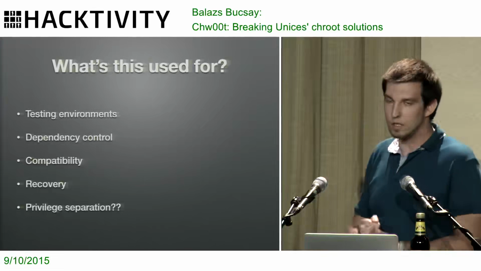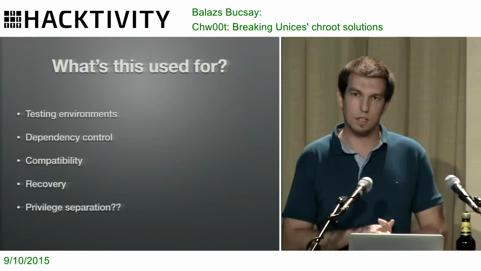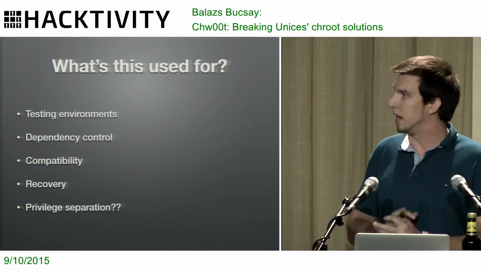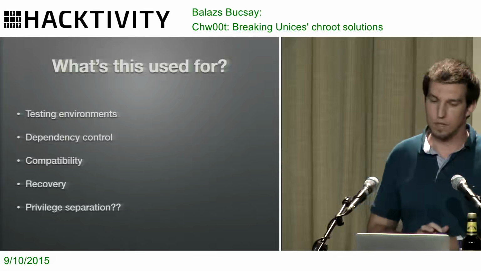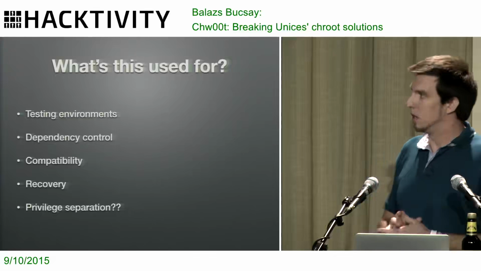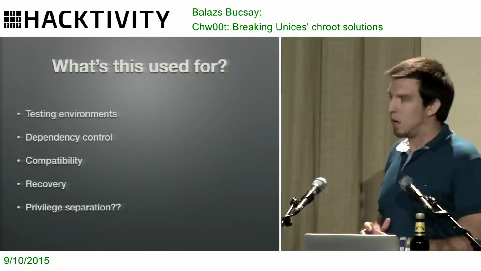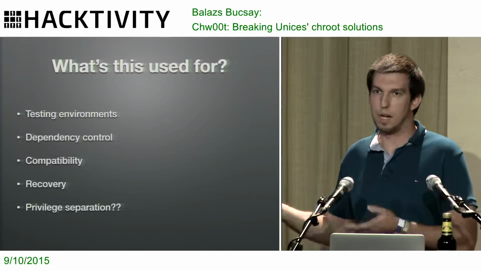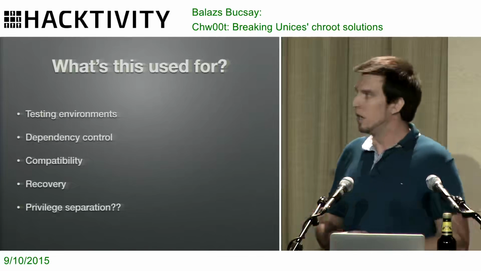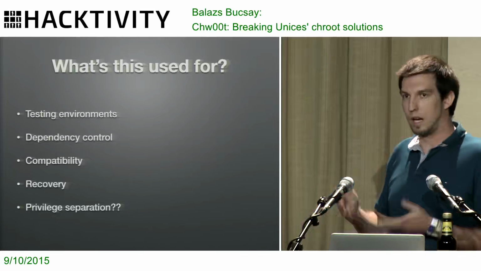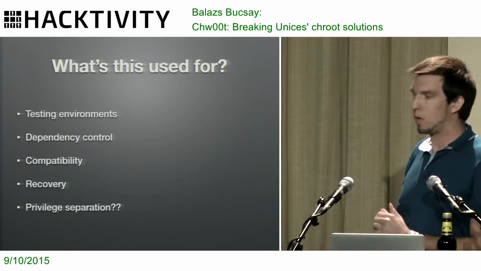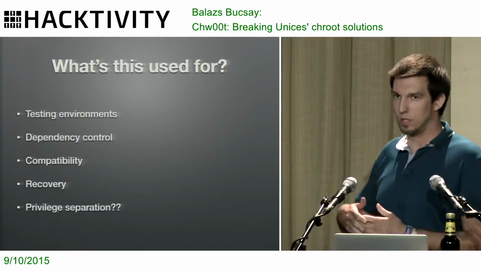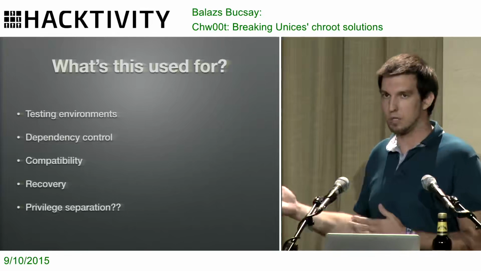What is it used for? It is mainly used for testing environments, dependency control, compatibility, recovery, and privilege separation. For example, in the recovery phase, if you have a crashed Linux machine, you cannot boot it anymore. You just grab a live CD and boot it. Then you have a working kernel from the live CD, and you can mount the root partition and chroot into the root partition of the crashed PC.